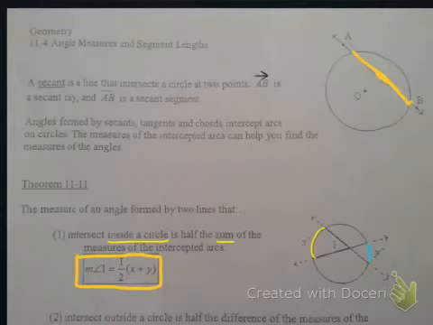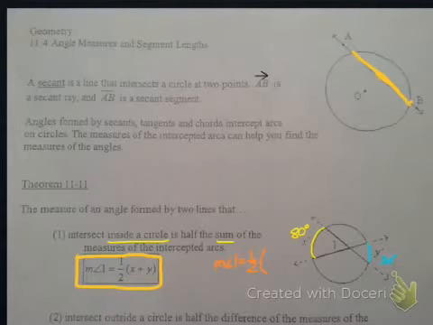So let's give us some numbers. Let's say that arc X is 80 degrees, and let's say that arc Y is 30 degrees. We want to find the measure of angle 1. Using our formula, the measure of angle 1 is one half the sum of these two.